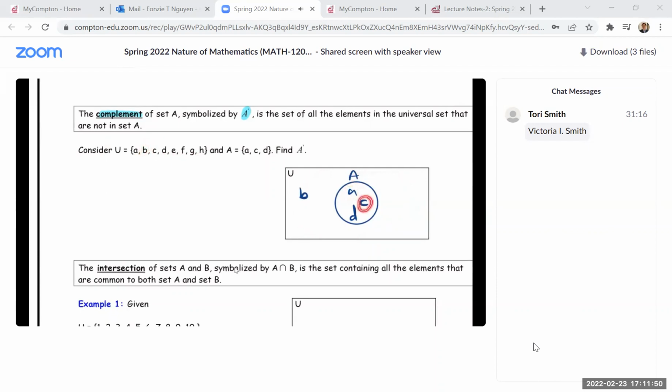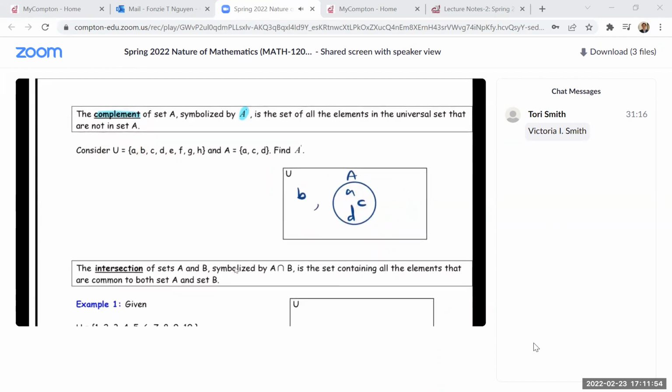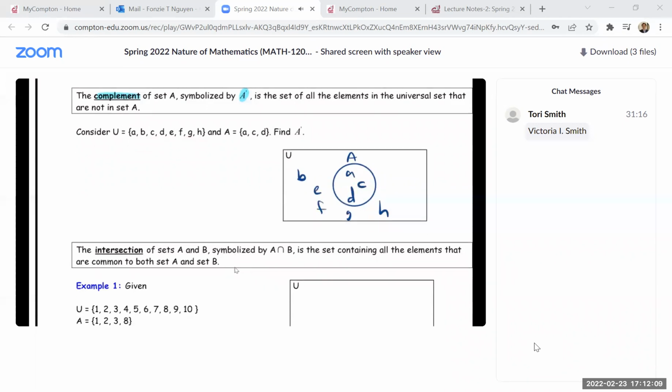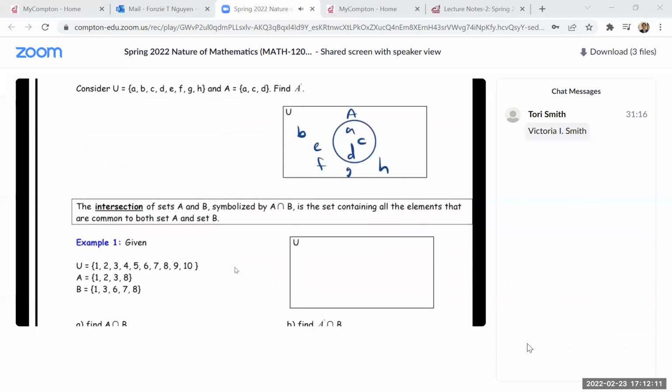C is already here. D is already there. Now we just have to write the rest of them: E, F, G, H. Do I have them all? Yes: A, B, C, D, E, F, G, H. So that's how you would represent the set A inside of the universal set.